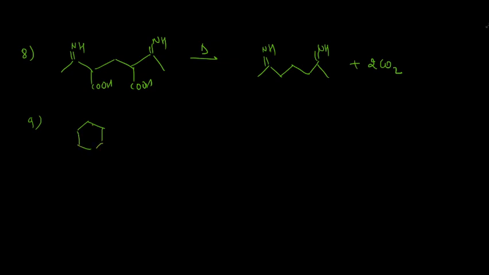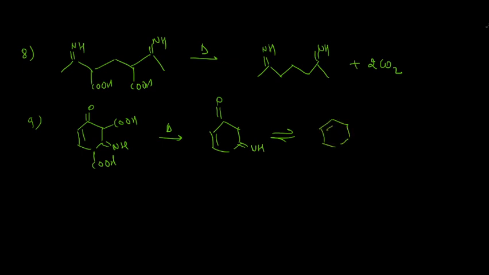Then we have COOH, then double bond NH. When we heat it, both the carboxylic acids will go and the remaining compound will form a tautomer and form a benzene ring, an aromatic compound.